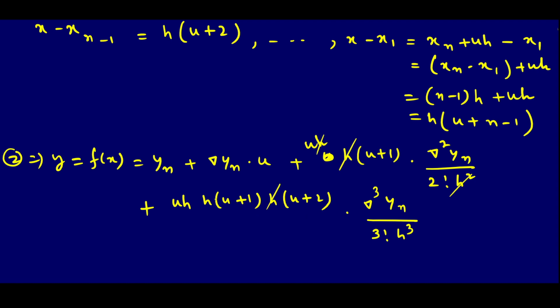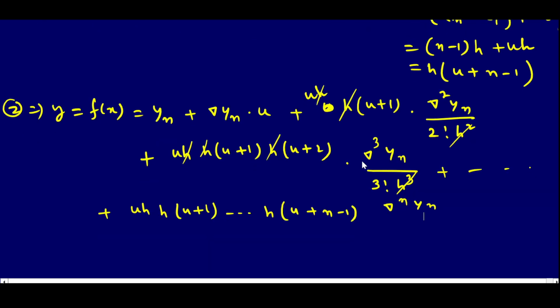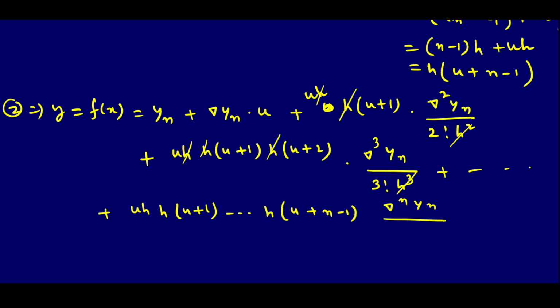So here you see 1, 2, 3, h cube will cancel out. So the last term is h into u plus 1, and like this, h into u plus n minus 1 nabla to the power n yn by n factorial into h to the power n.